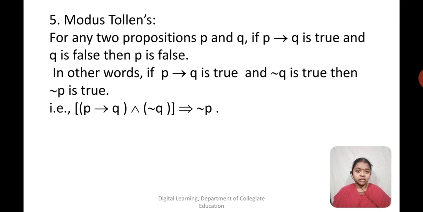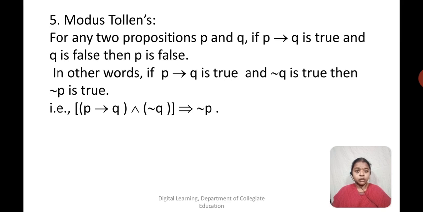The fifth one is modus tollens, and this says for any 2 propositions P and Q, using 2 conditions, if P implies Q is true and Q is false, then P is also false. All the propositions which have been given as false, we take their negation so that they become true.